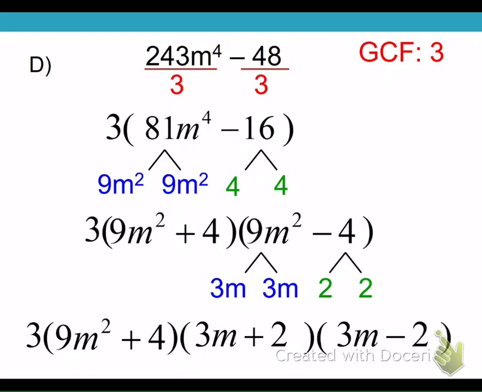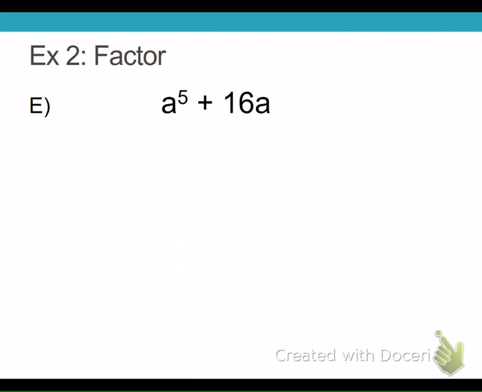Remember that multiplication is commutative. So if you have any of these parentheses, like the 3m plus 2, then the 3m minus 2, then the 9m squared plus 4, they could be a little flip-flop. The important one is you can't mess up the order back here.